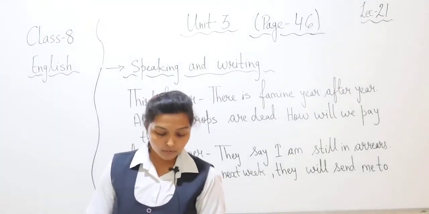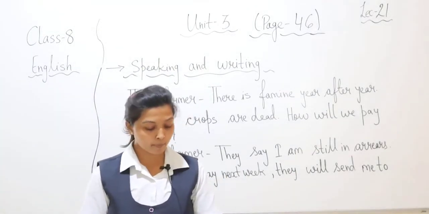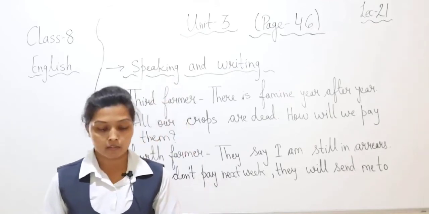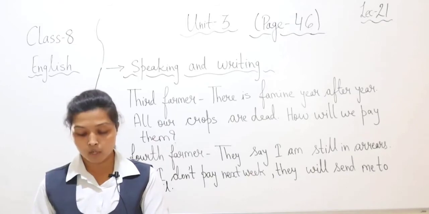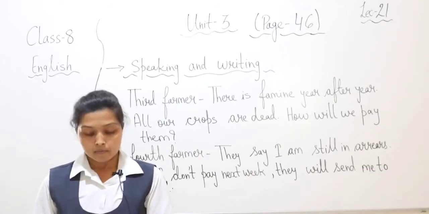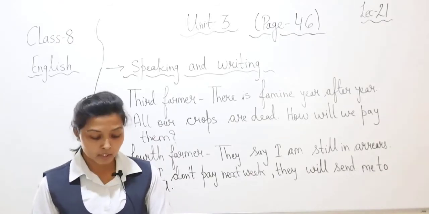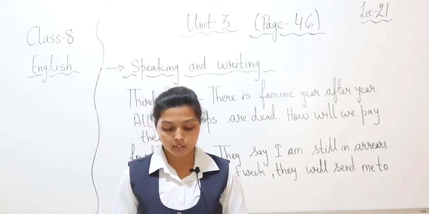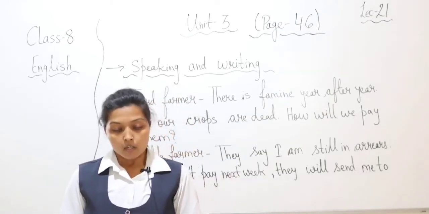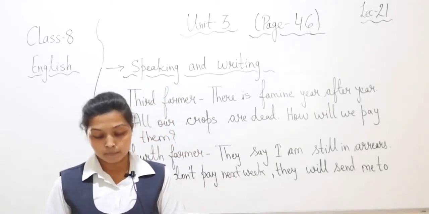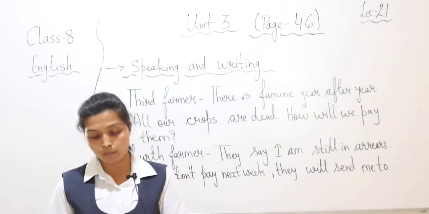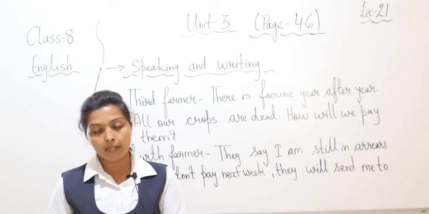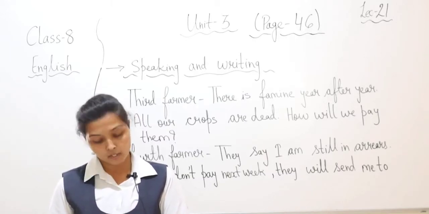See in the next page 47, look at pictures. Now pictures are given, and below that picture, sentences are given which are related to the given pictures. Look at the pictures. Fox accidentally falls into a well. So in the picture we can say that accidentally the fox falls into a well.